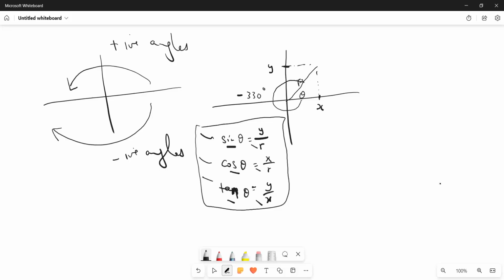The ratios are defined by these, and you notice that they will all be positive. So remember, this definition doesn't hold for just acute angles or angles between 0 and 360. It actually holds for any angle, the general angle. If we go a little further, maybe I can make a little space here. So I'll go here.